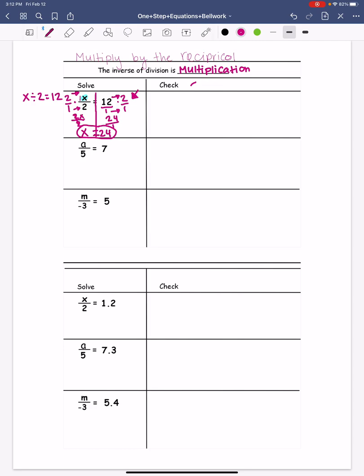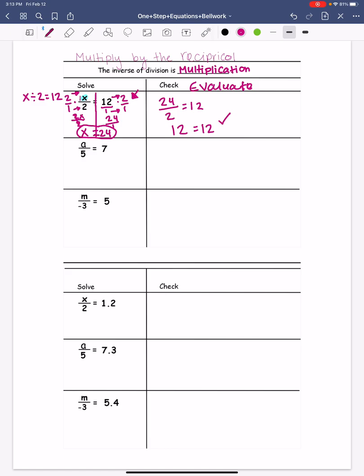Now we're going to evaluate or check our answer. So we're going to plug 24 in for x, and so we have 24 over 2 equals 12. If you punch 24 divided by 2 in a calculator, you will get 12. So we're correct. Awesome.